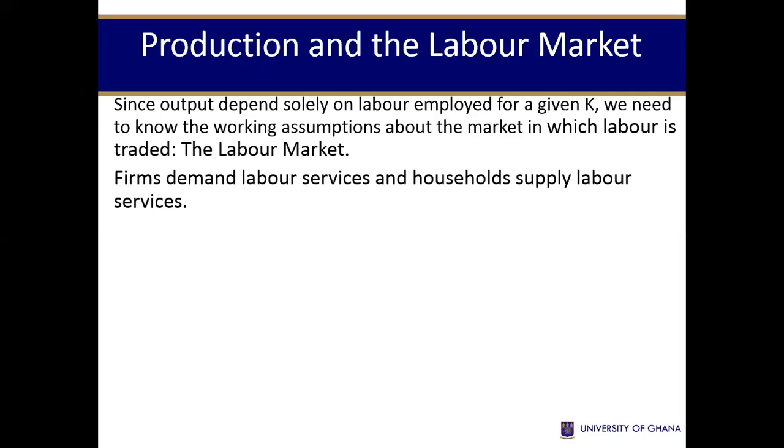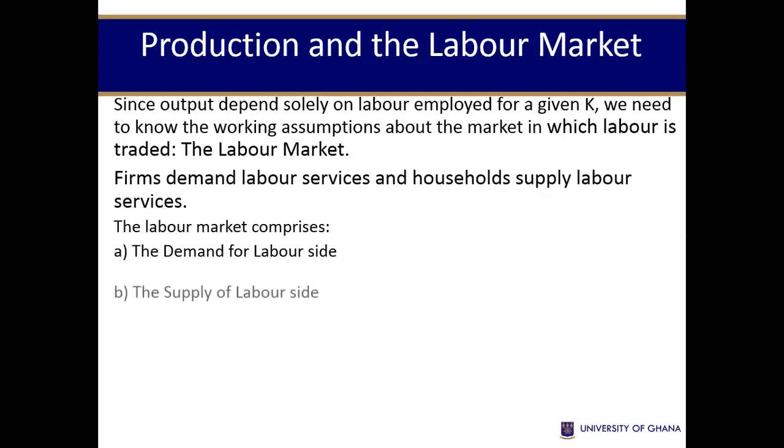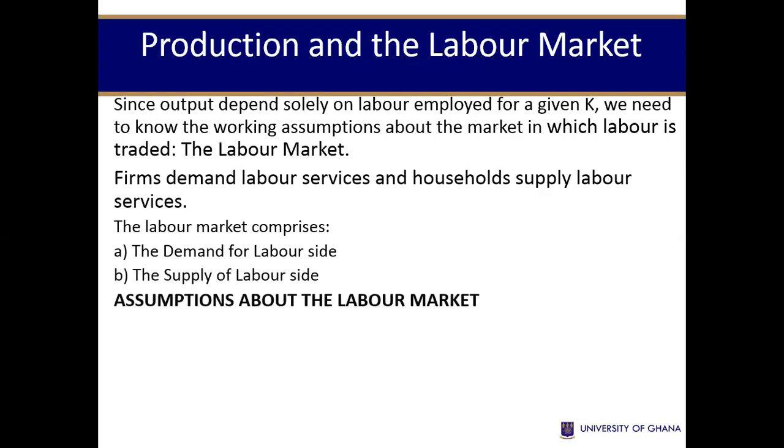Firms demand labor services, and households supply labor services. So let's take note of this. Demand for labor comes from firms, and the supply of labor comes from households or individuals. So the labor market consists of the demand for labor side and the supply of labor side.